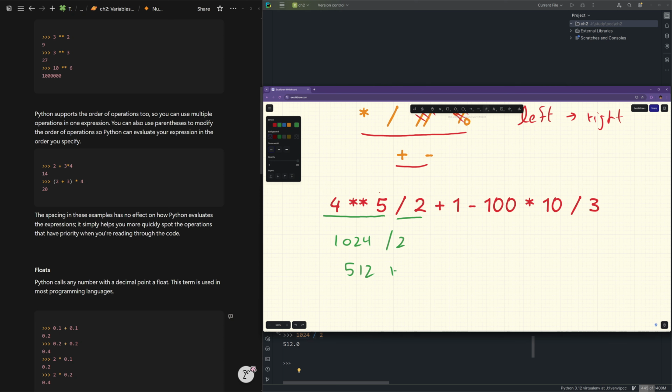Now we are going to ignore addition and subtraction for now because they come last.